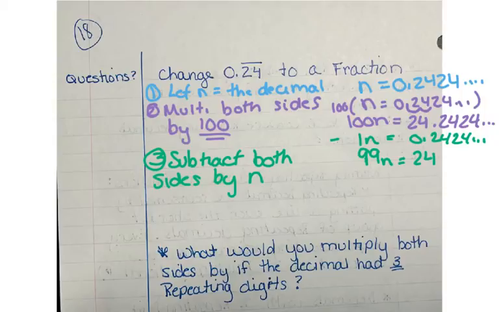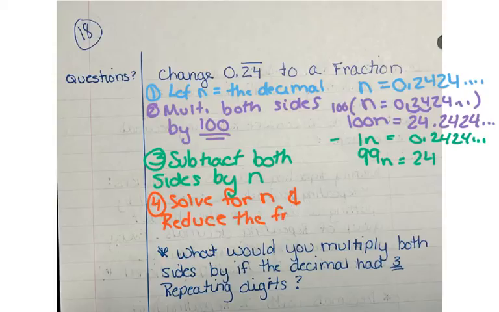Then step 4, solve for n and reduce the fraction. So I'm going to divide both sides by 99. So I get 24 over 99. I need to reduce that. So what can go into both 24 and 99?